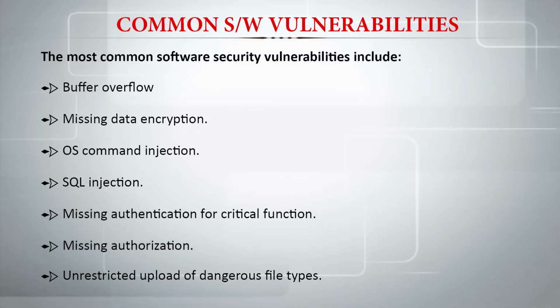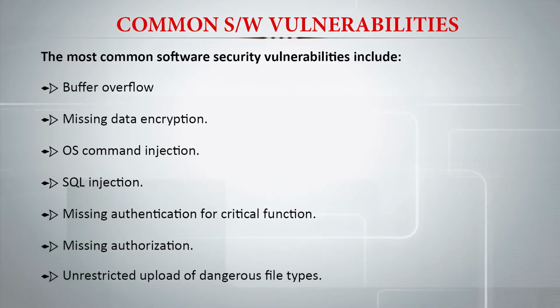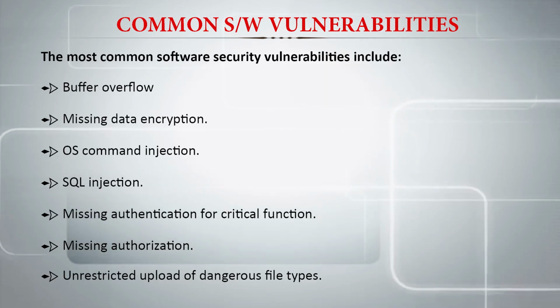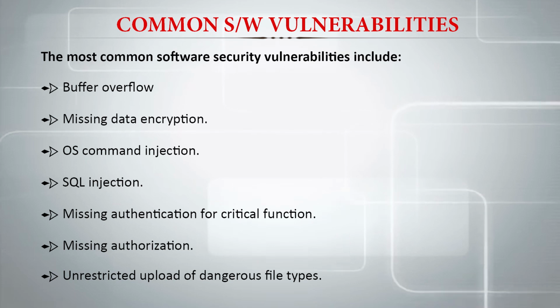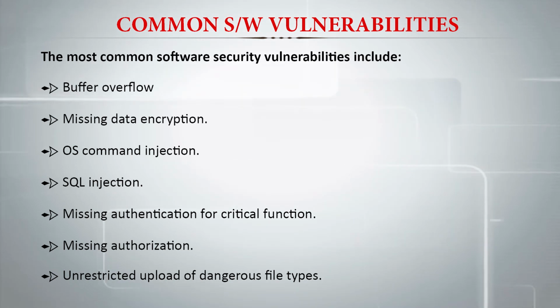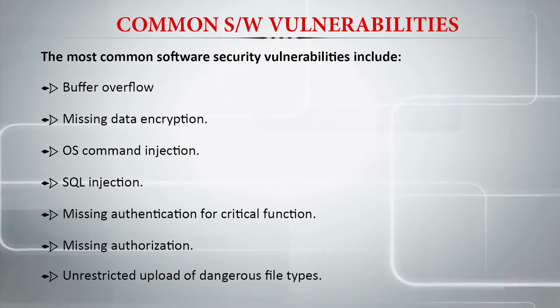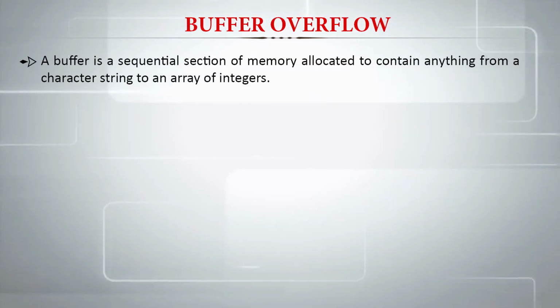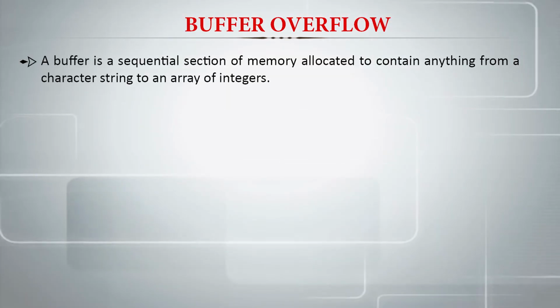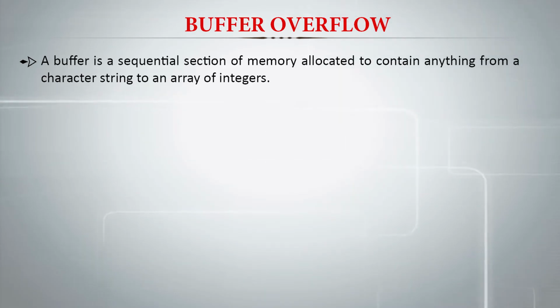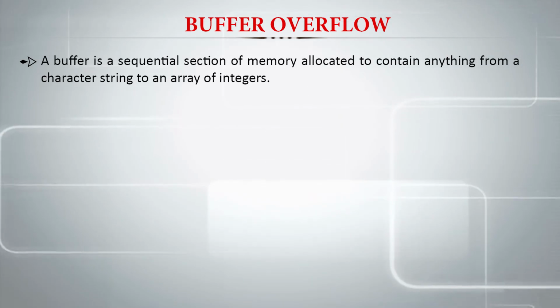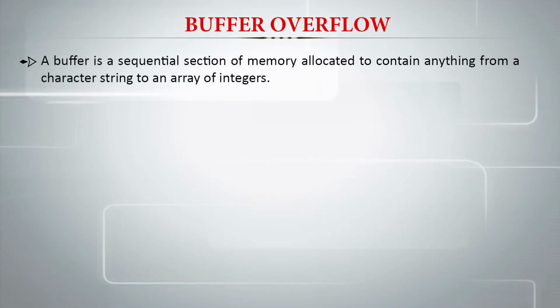So there are endless software vulnerabilities, but we'll talk about only a few in this and the next slide: buffer overflow, OS command injections, SQL injection, and some others. A buffer is a sequential section of memory allocated to contain anything from a character string to an array of integers. So RAM, basically, you can say the buffer.